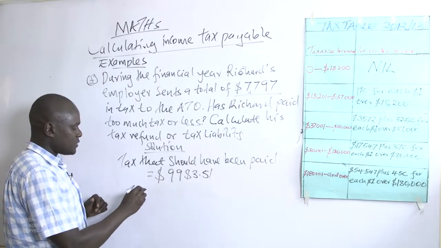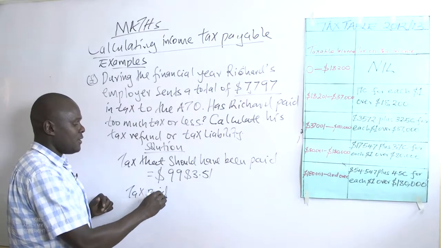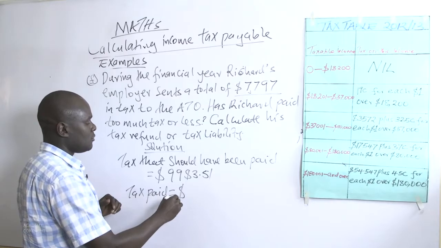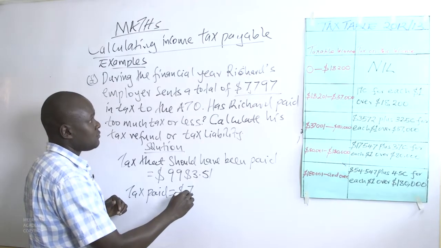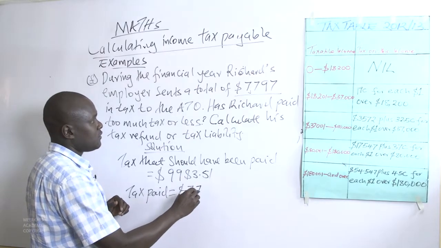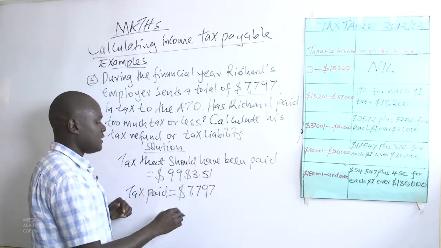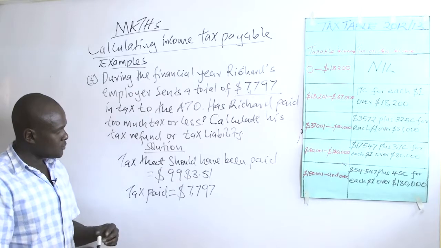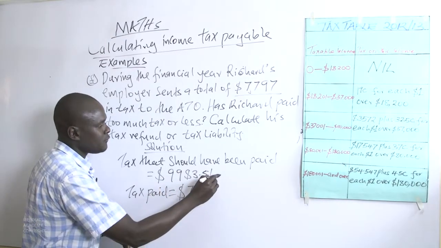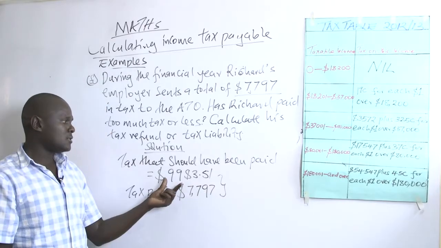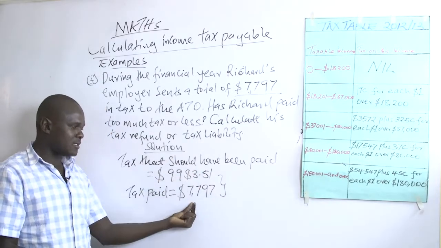But the actual tax paid by the employer is $7,797. So in this particular scenario, we need to compare these two figures, the tax that should have been paid and the tax that has been paid.